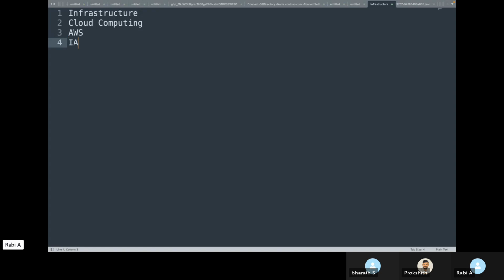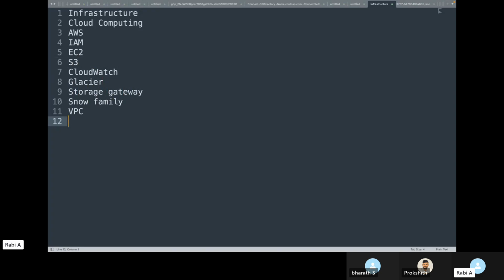So we will start off with your IAM, then EC2, then S3, then we will look at your CloudWatch, and then your Glacier, then your Storage Gateway, then the Snow family, then your VPC, then EFS, then RDS, DynamoDB, ElastiCache.